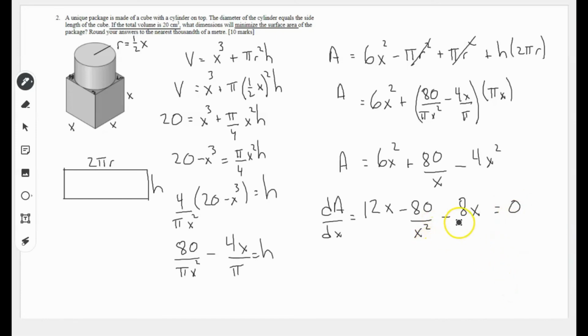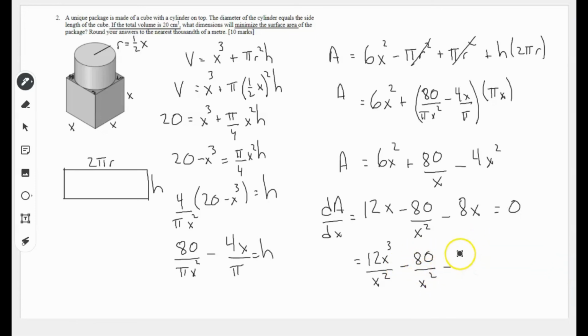So, to help with solving this, I'm going to have 12. Let's multiply each term that doesn't have an x squared with x squared over x squared. So I'm going to have 12x cubed over x squared. And they're all going to be over x squared. So minus, this one we can leave as 80 over x squared.